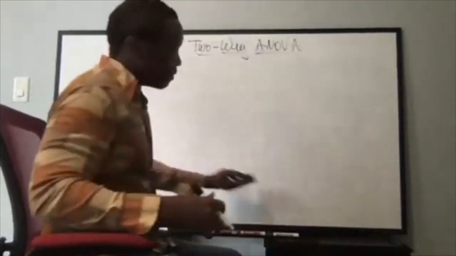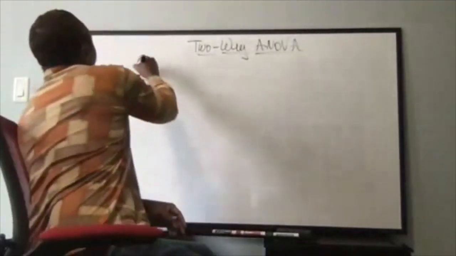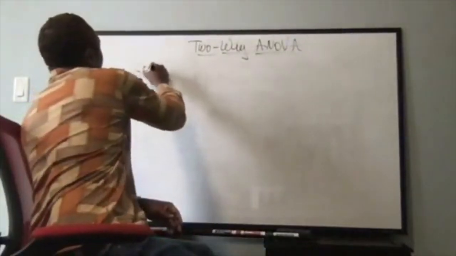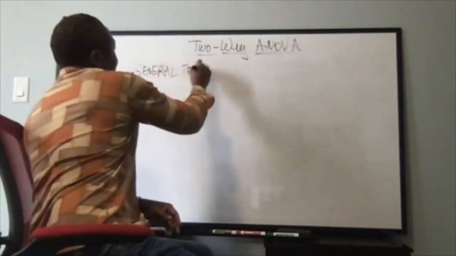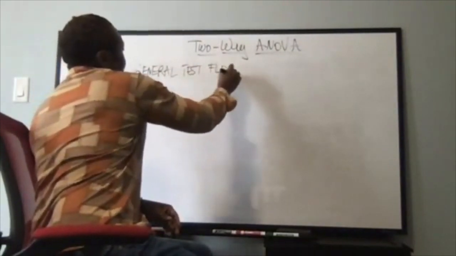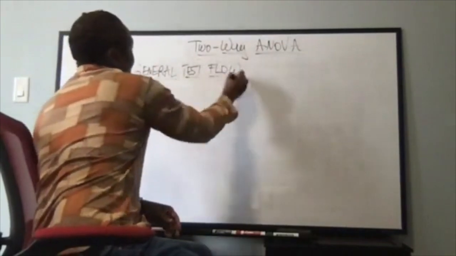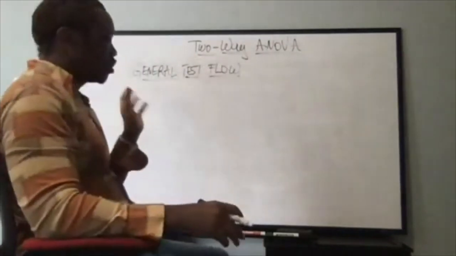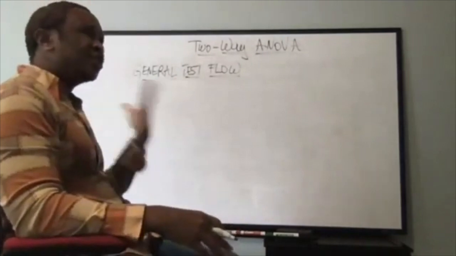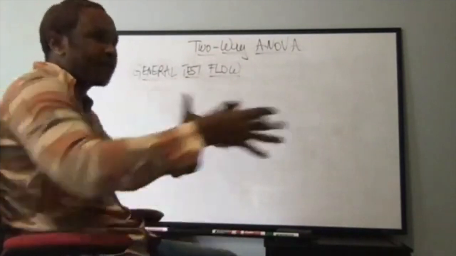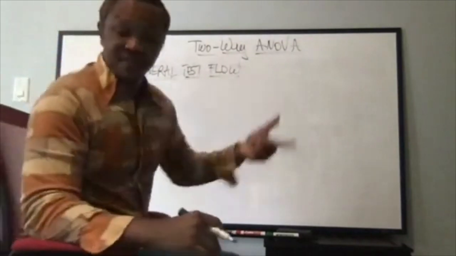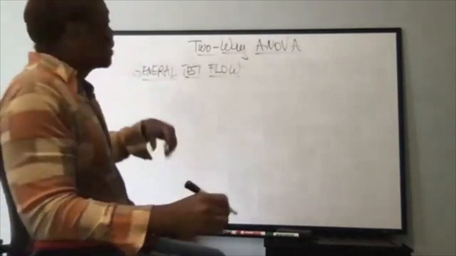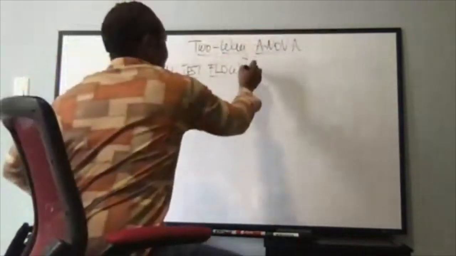So, let's say general test flow. If you're looking at how to solve a two-way ANOVA, what's the general pathway, or the general flow chart, to help us figure out how to solve this? Here's a general broad brush stroke.